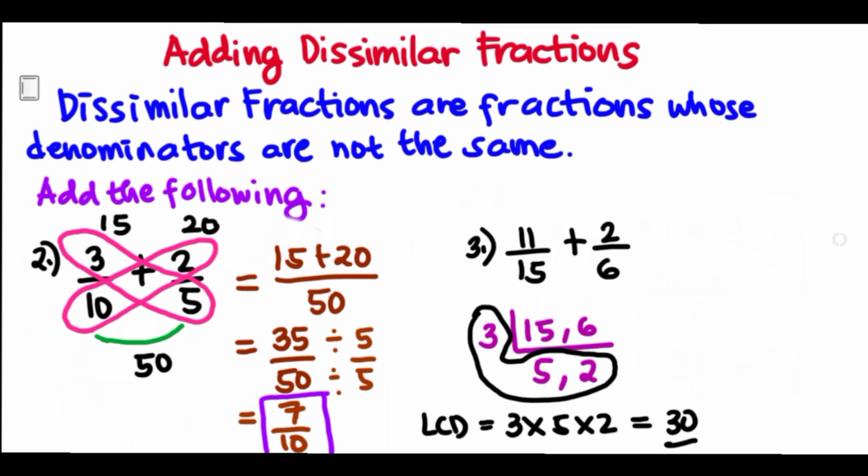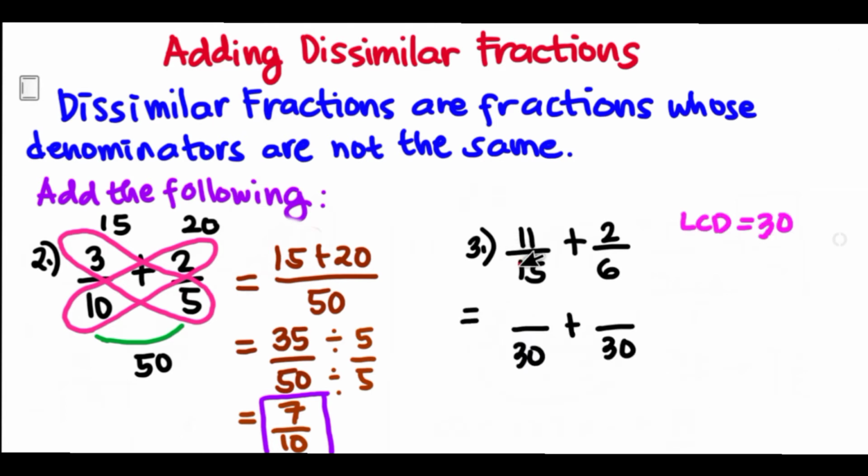So, gagawa na po tayo ng panibagong fraction. So, gagawa po tayo ng numerator. So, para mahanap yung mga numerator is, divide natin yung LCD dun sa denominator ng fraction, and then multiply sa numerator. So, 30 divided by 15 is 2. 2 times 11 is 22.